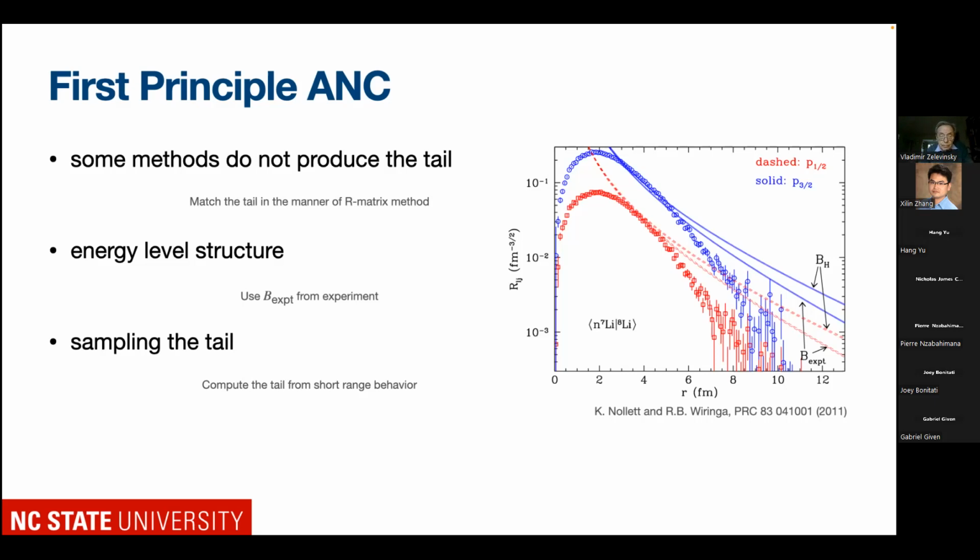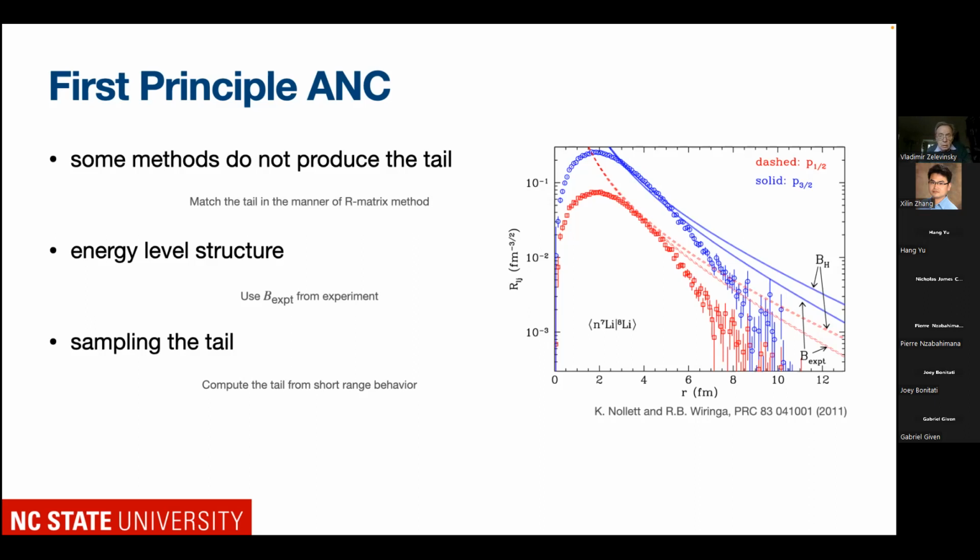For example, the shell models are using Gaussian tails, while in our case, we are expecting exponentially decaying tails. So the solution to that is we match the tails by considering the inner part that's not going to change much, and for the tail part we use the same method as the R-matrix method.